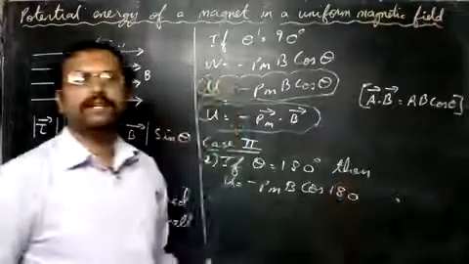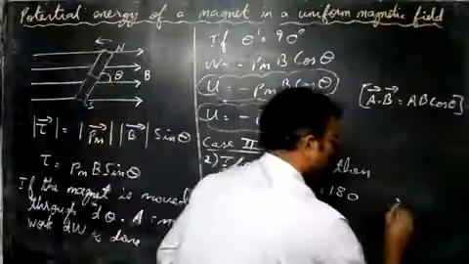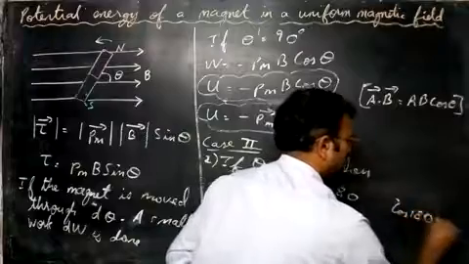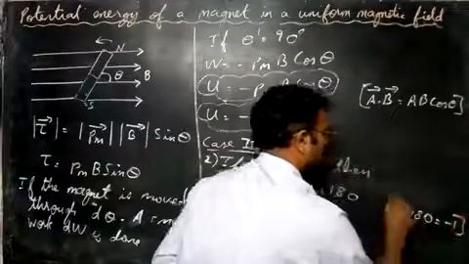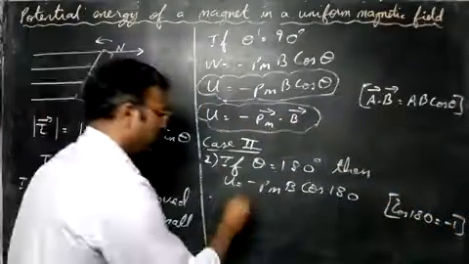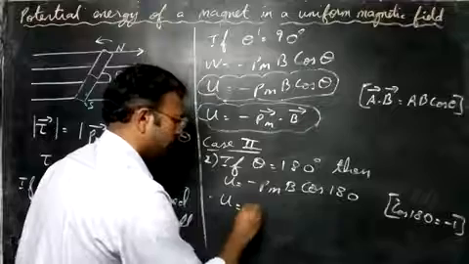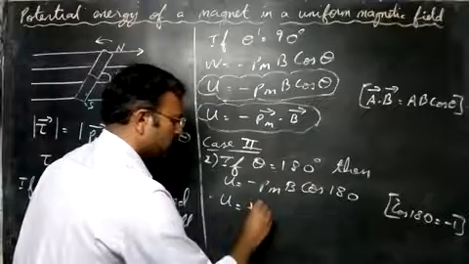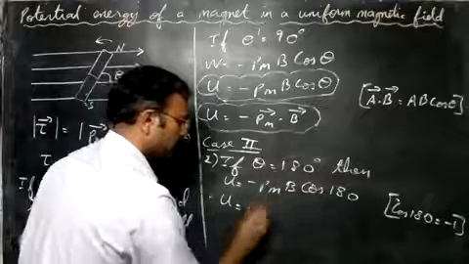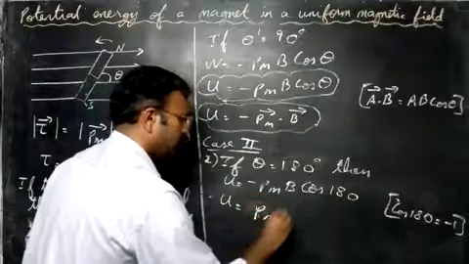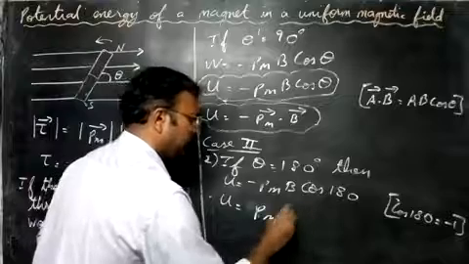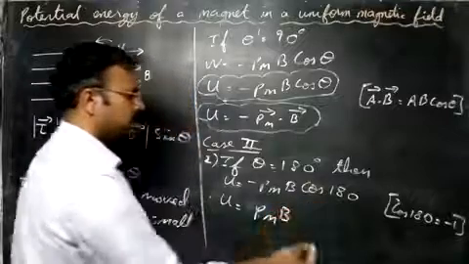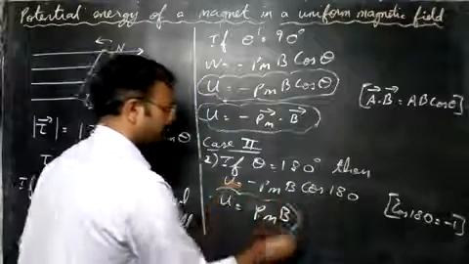The value of cos 180 is minus 1. So minus into minus becomes plus, and we get the potential energy U equal to plus Pm B. This is the maximum value.